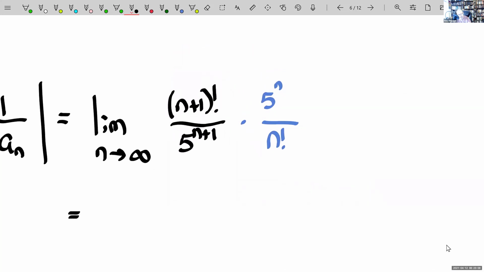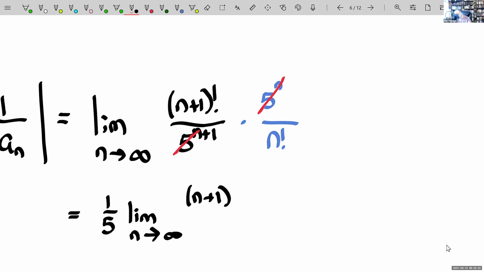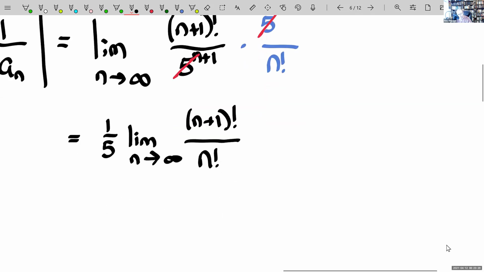We know that 5 to the nth and this 5 to the nth will cancel, and we'll have a 1/5 outside of the limit. And we have an n plus 1 factorial over an n factorial. That will simplify down.